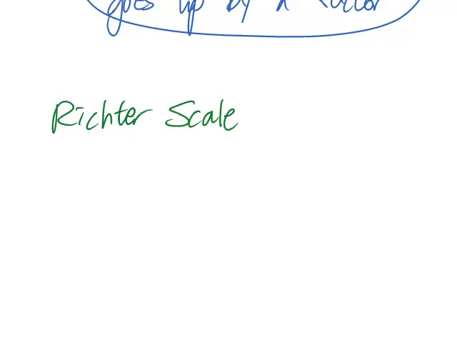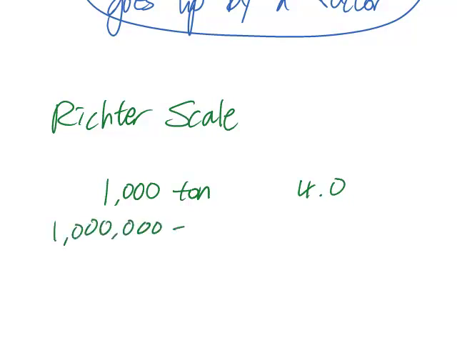In the example that you may have looked at, if we had a 1,000 ton explosion, as in 1,000 tons of TNT worth of energy, the Richter scale magnitude is only 4.0. While if we look at a 1 million ton one, it's only 6.0.